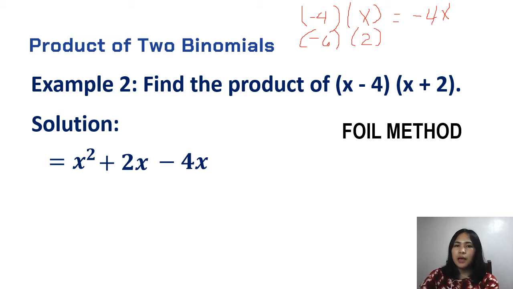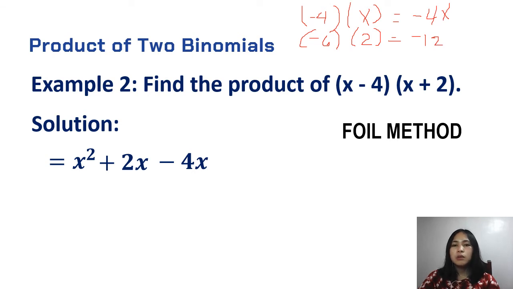Do they have the same sign? No, they have different signs. 6 is negative, 2 is positive. So if we multiply these, the result is always negative. So, negative 6 multiplied by 2, we have negative 12. So, remember, in multiplication, when the signs are different, the answer is always negative. When the signs are the same, the answer is always positive.